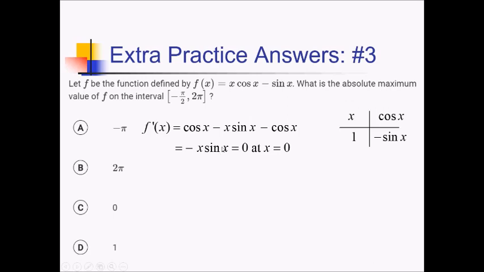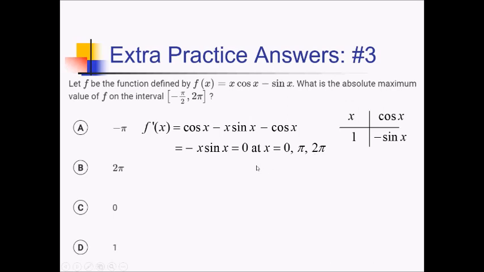This is the y value on the unit circle, so any angle where you're on the x-axis is going to give you a value of 0. There's an infinite number of those, but we only have to look between negative pi over 2 and 2 pi. So definitely pi, sine of pi is 0, and also sine of 2 pi counts because it's one of the endpoints, but we'll just list it there.